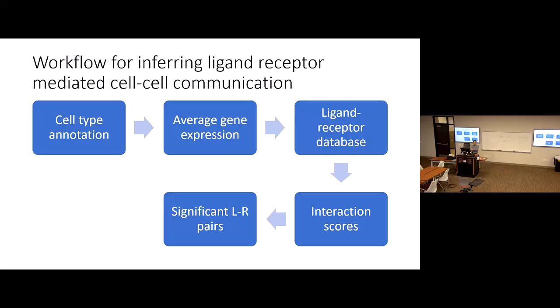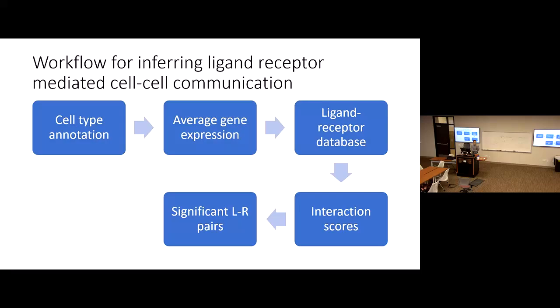You compute the average expression of genes within their cell type, okay? Then you will look at the ligand receptor database, so which gene encodes a ligand and which gene encodes the corresponding receptor of that ligand. So you have the gene names, and the genes have been paired based on the ligand receptor relationship.